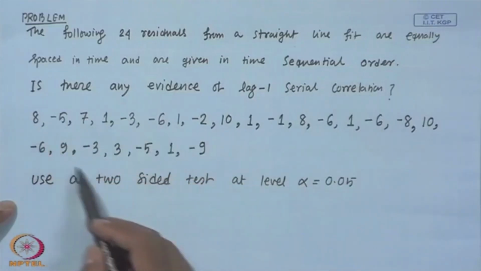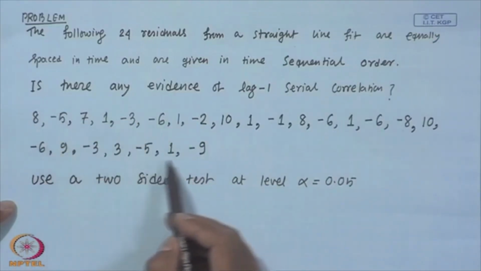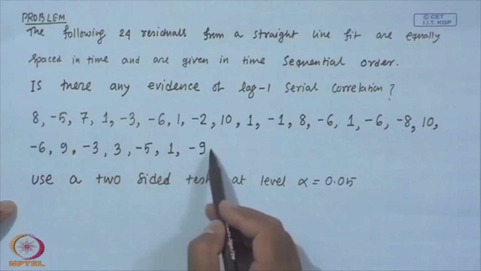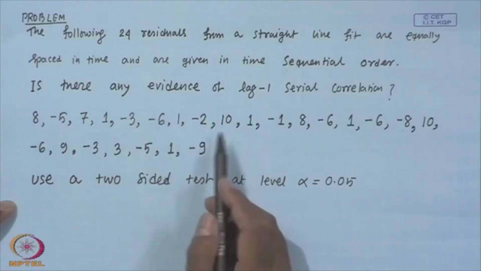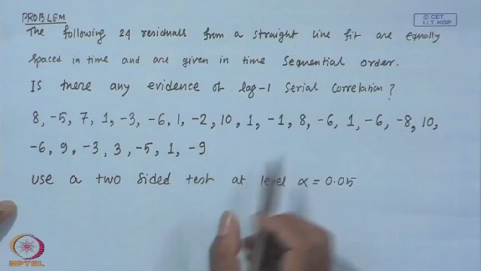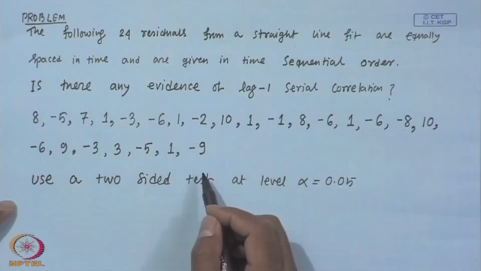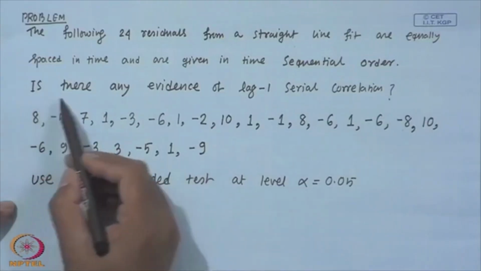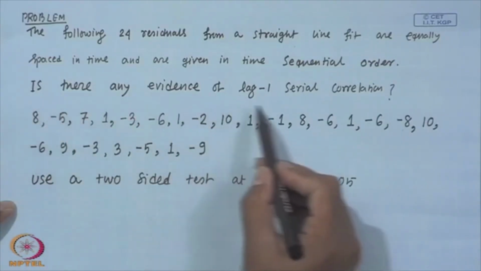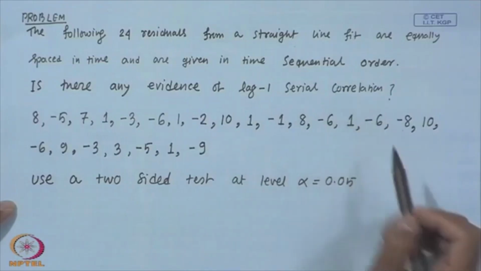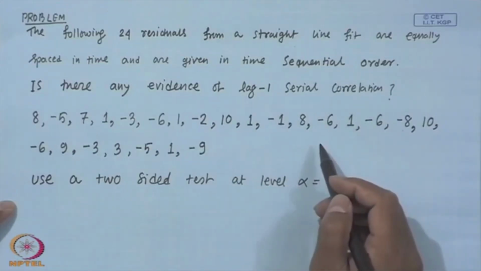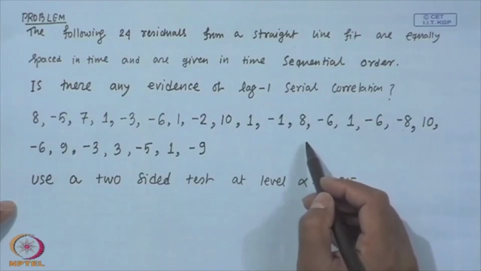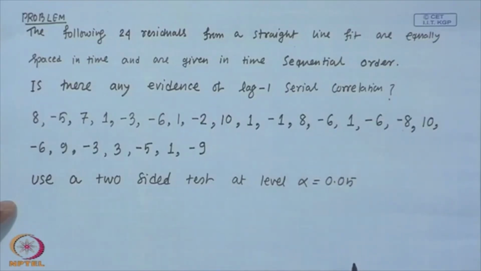That means these residuals are obtained from a time series data, and the times are equally spaced. So, the question is: is there any evidence of lag 1 serial correlation for these 24 residuals? You use a two-sided test at level alpha equal to 0.05.